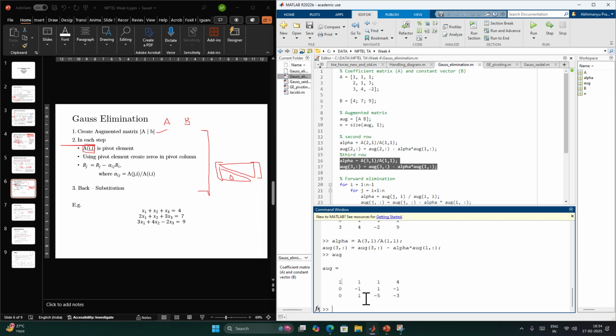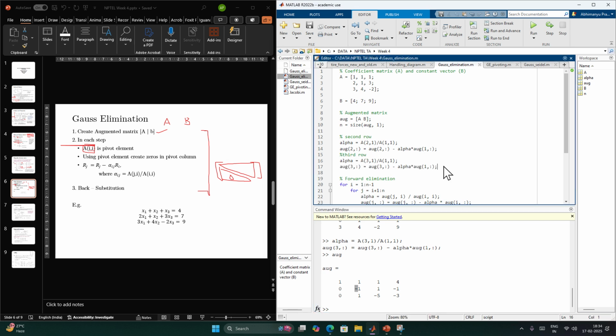Now we need to move to the second column. And for the second column, the first row need not be changed. So now our pivot element would be for the second row. If I run it in a loop, then this would be my first loop.